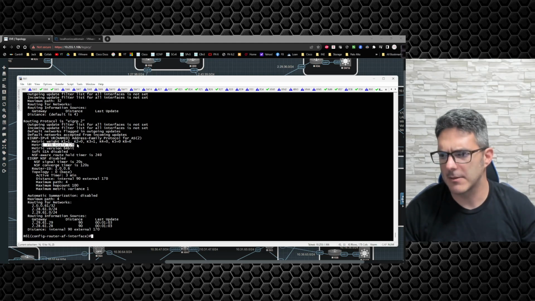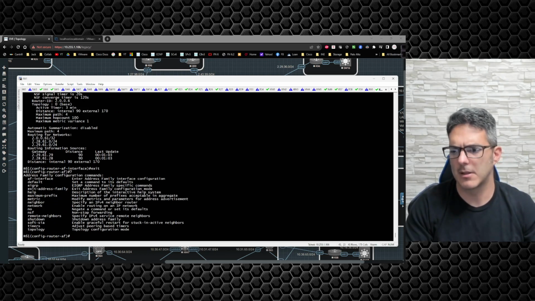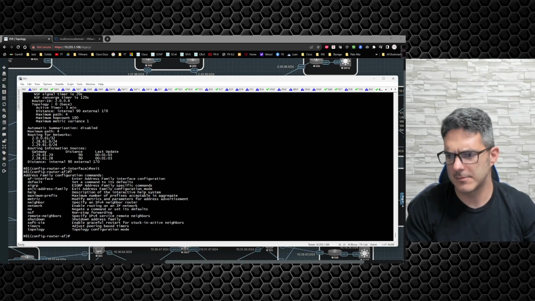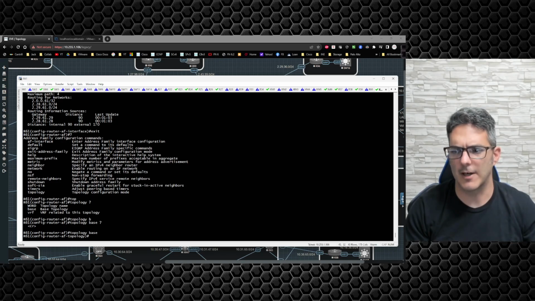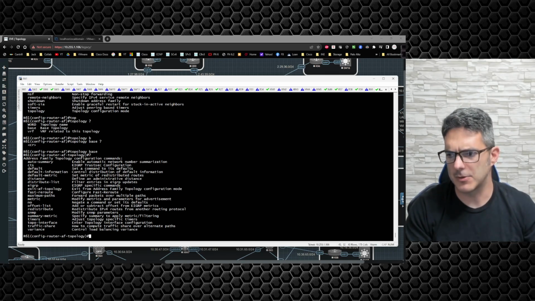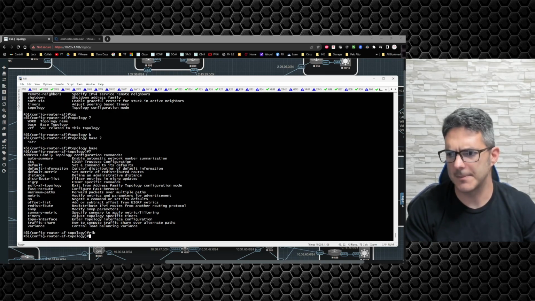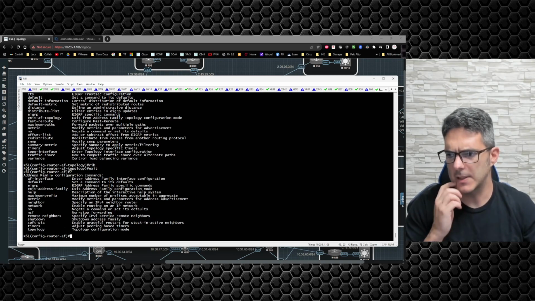And my rib scale is 128. So if I was to come out of here and type it in, I'd have to go underneath the topology base, which is going to be the default VRF, and I would do topology rib scale, where is that at? Nope, it's not underneath that one. Exit out of here.